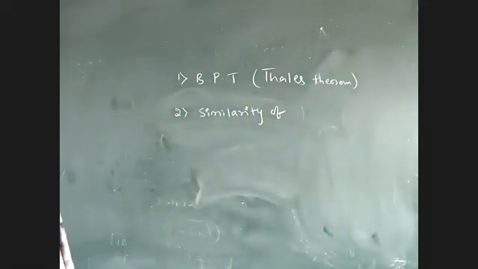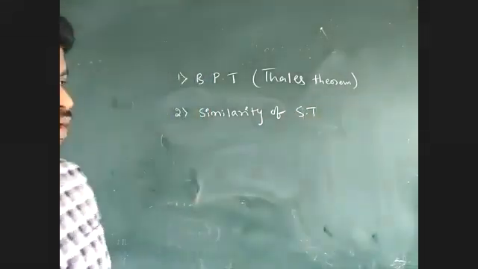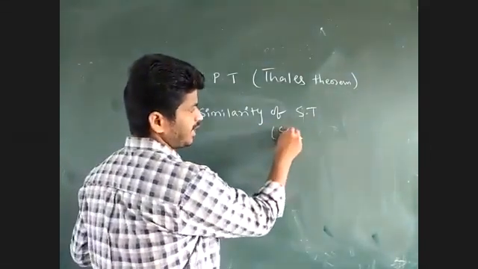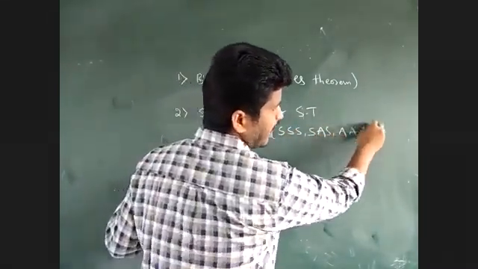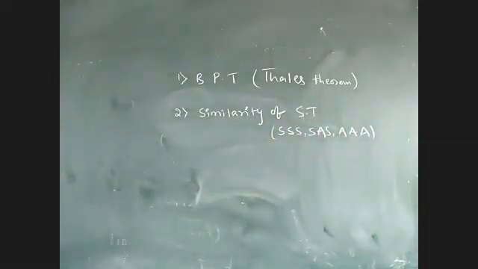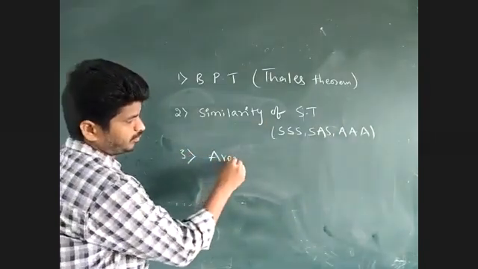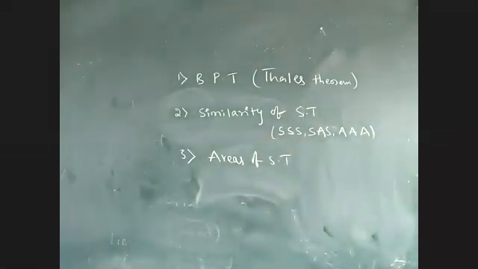Similarity of similar triangles. We have only 3 similarities. That is side, angle. Now, coming to the third concept, areas of similar triangles.